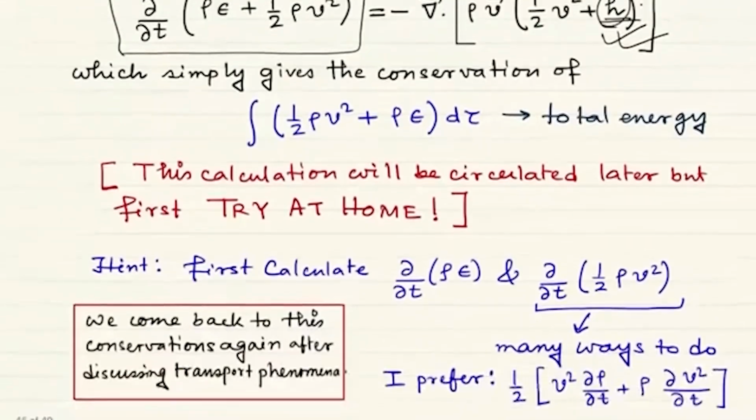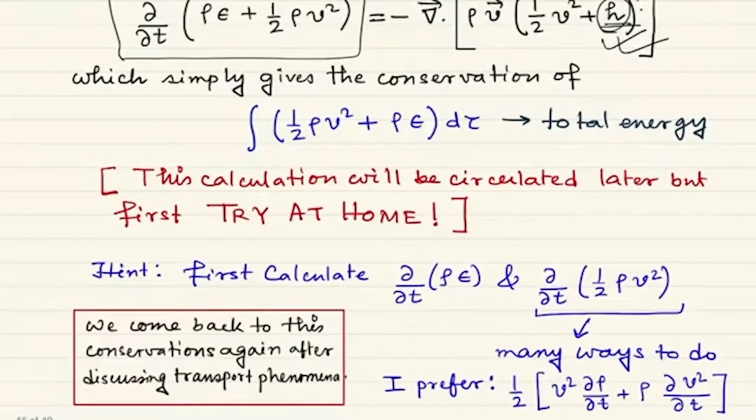I am giving you some hints. You have to calculate separately ∂t of ρε and ∂t of ½ρv². The first is nothing but the sum of two terms. One is ε ∂ρ/∂t, and this ∂ρ/∂t can be obtained from the continuity equation, plus ρ ∂ε/∂t, and that is from the energy equation, the internal energy evolution equation.